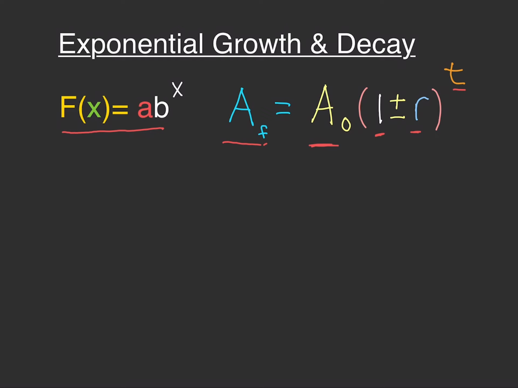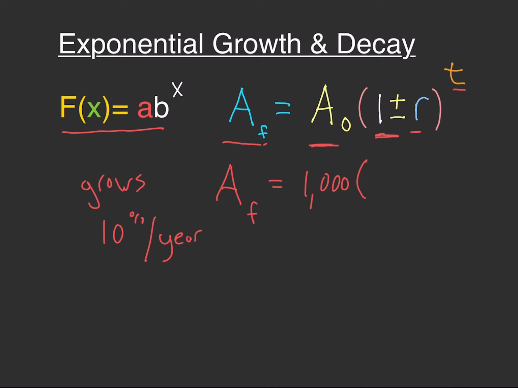An example would be if I want to find the final amount, let's say it was money, and I started with $1,000, and I invested it and it grows at 10% for every year that I have it in there.